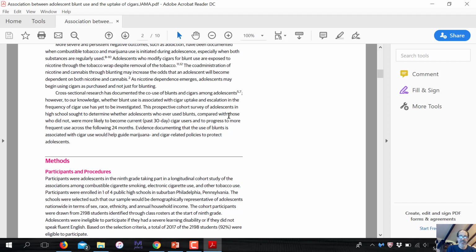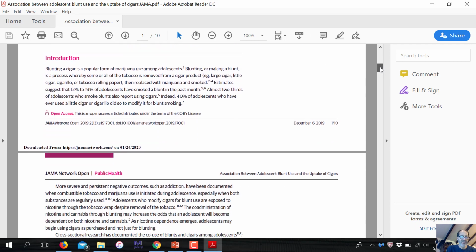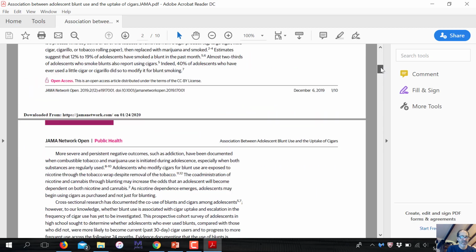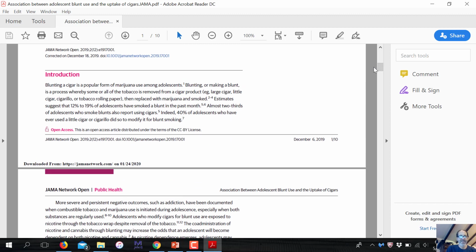So this is what's called a brief report format in a paper. Because you see, there's not a lot of an introduction. It's several paragraphs, maybe 2 paragraphs long, or 3 paragraphs. This reads kind of like a specific aim section. So you go through what the issue is. You always start by discussing the epidemiology of the issue. Like here, you see that the epidemiology of blunt use is discussed.